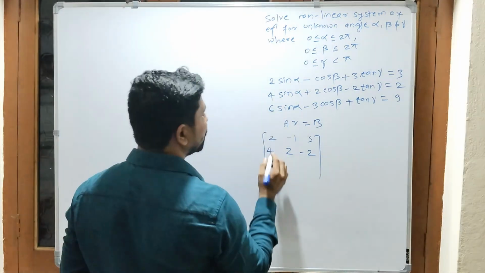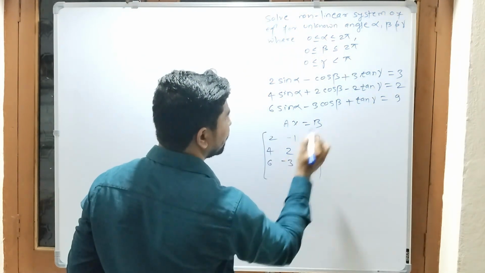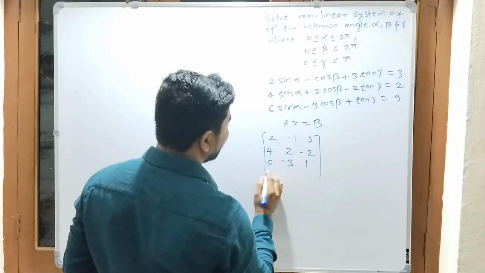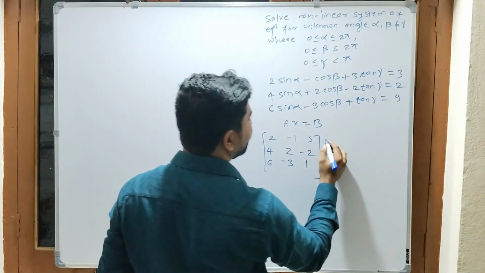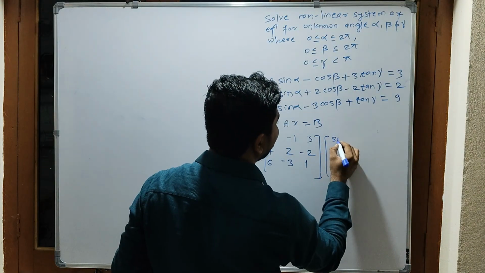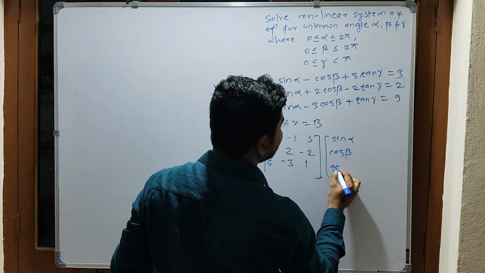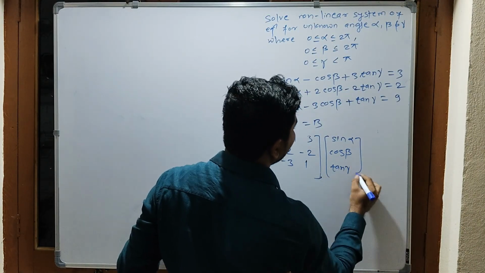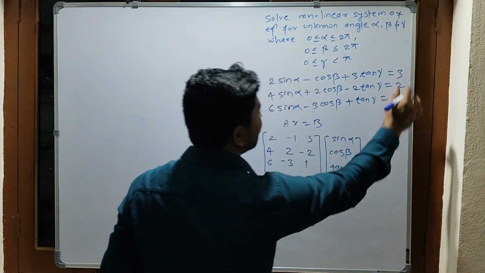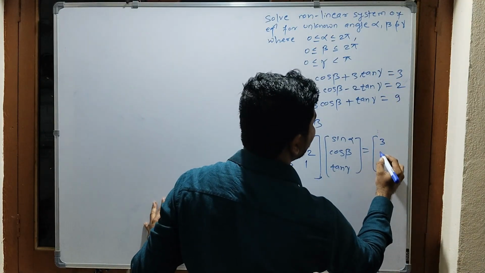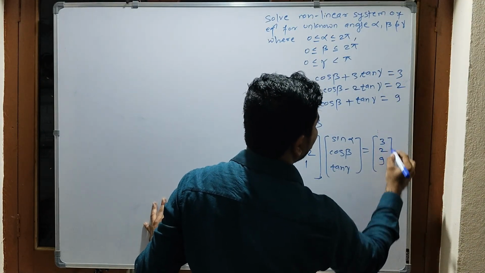The third row corresponds to 6, minus 3 and 1. In place of x, y, z we have sin alpha, cos beta and tan gamma. Now write the B matrix, the constants 3, 2, 9.